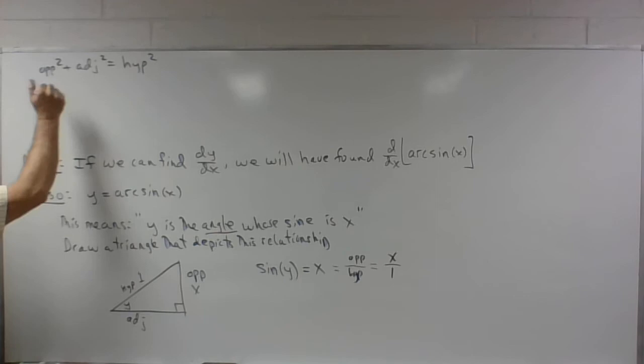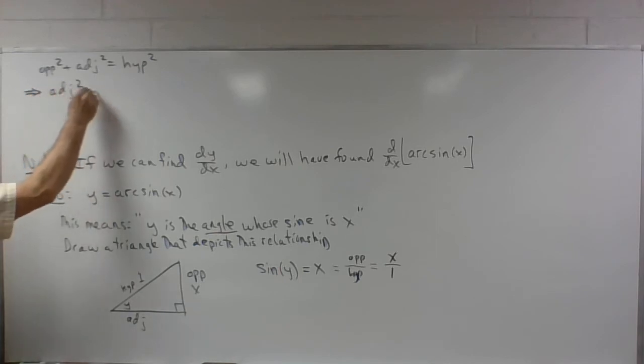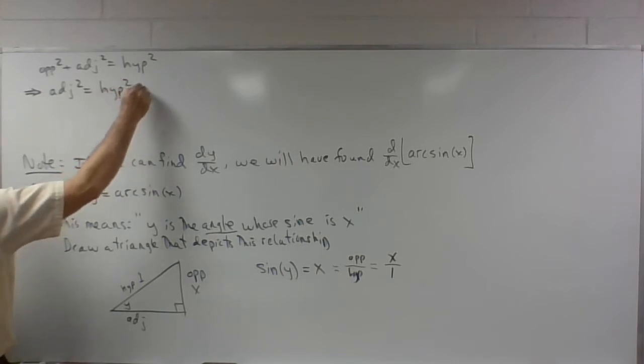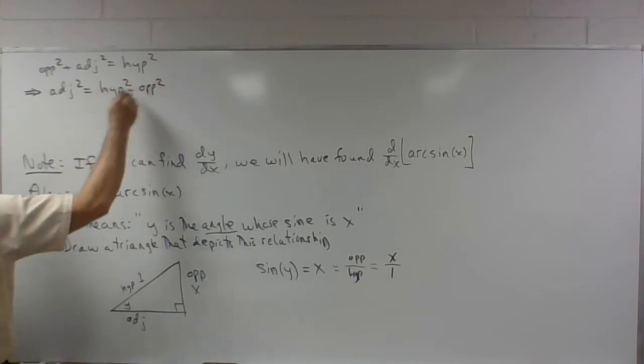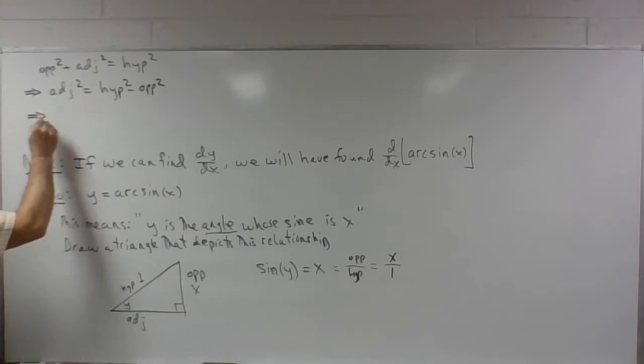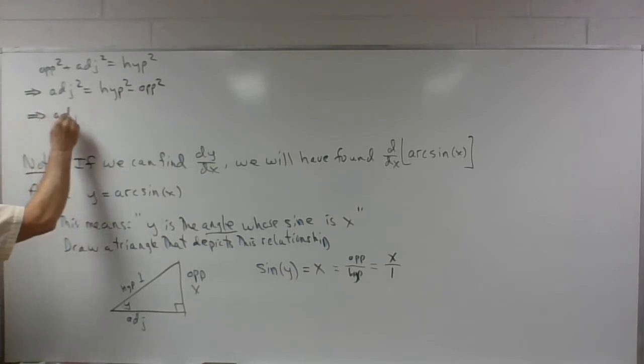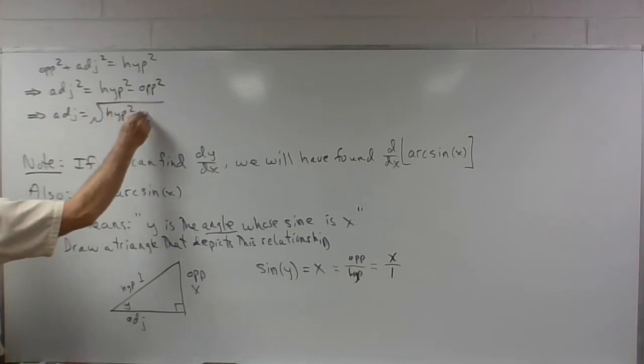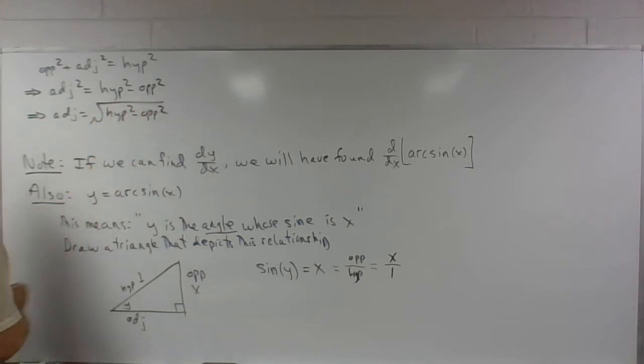And adjacent is what I want. So we have adjacent squared equals hypotenuse squared minus opposite squared. And adjacent equals square root of hypotenuse squared minus opposite squared.